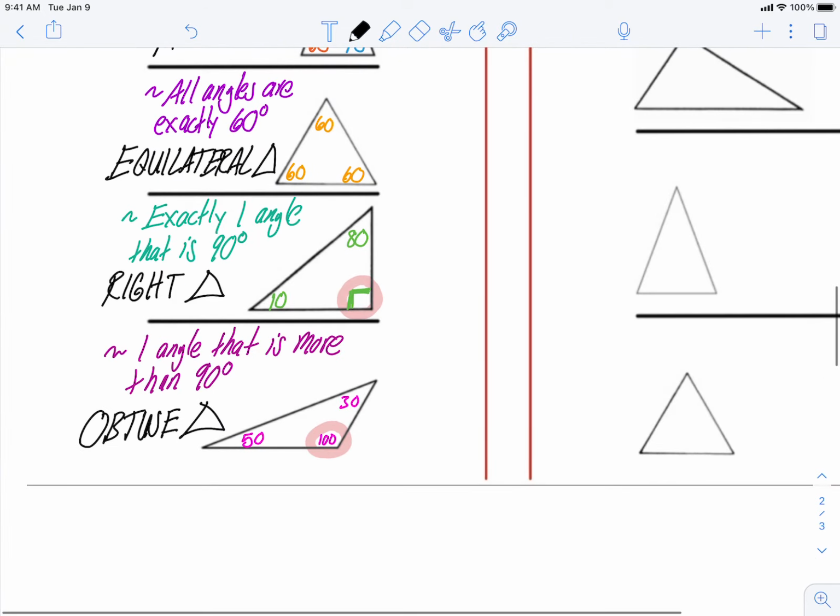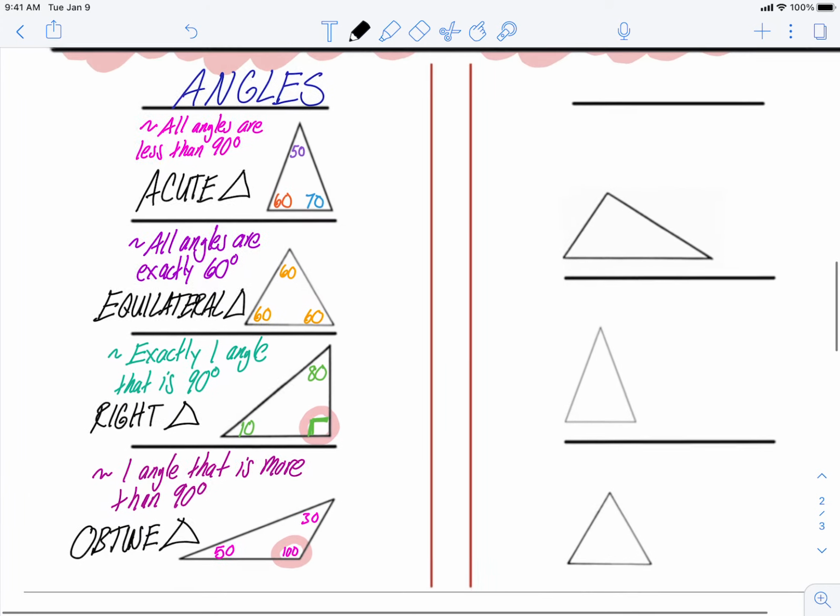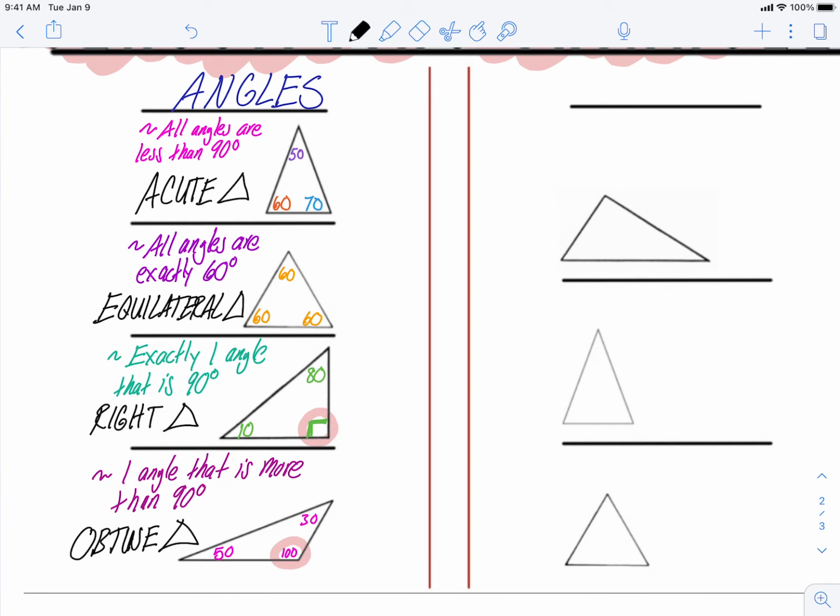So here we have it. We have four ways to identify triangles by their angles, depending on their angles.